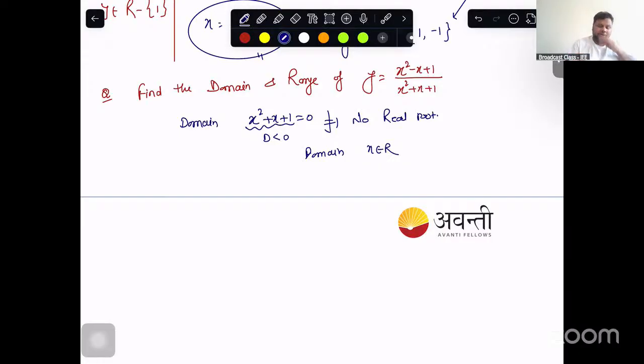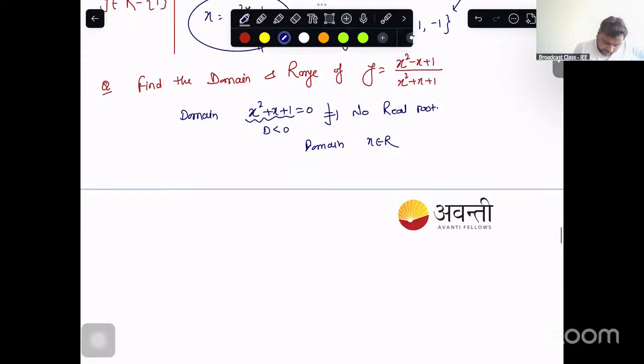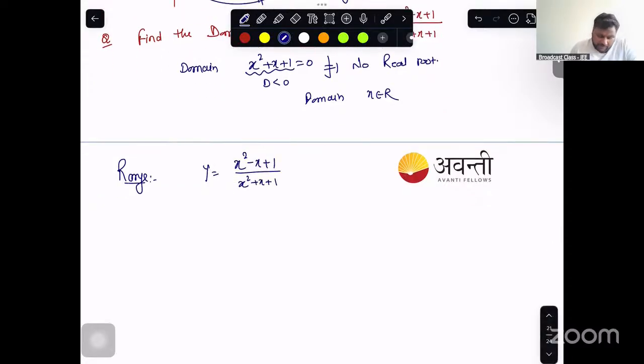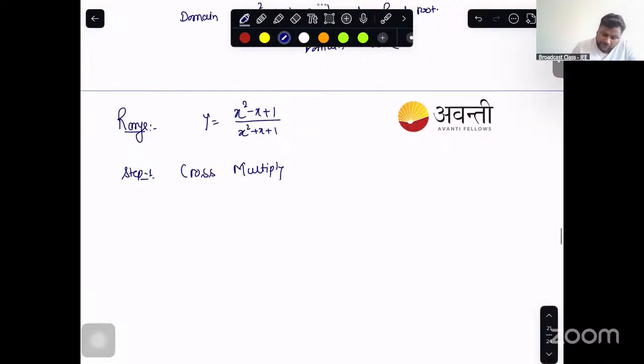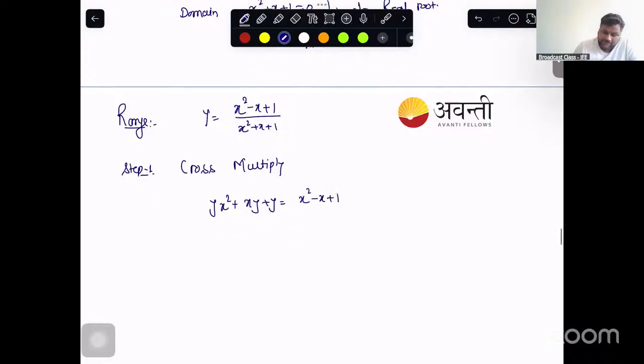Now from the range point of view, again we will do it step by step. y equals to x square minus x plus 1 upon x square plus x plus 1. Step 1, cross multiply. So you get yx square plus xy plus y equals x square minus x plus 1.